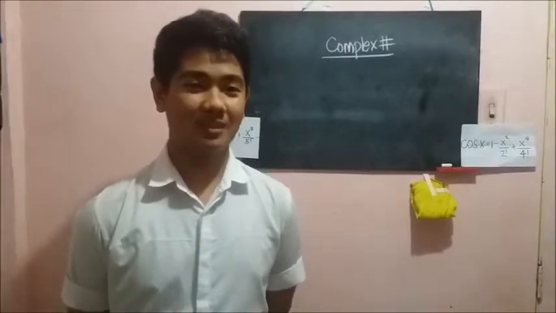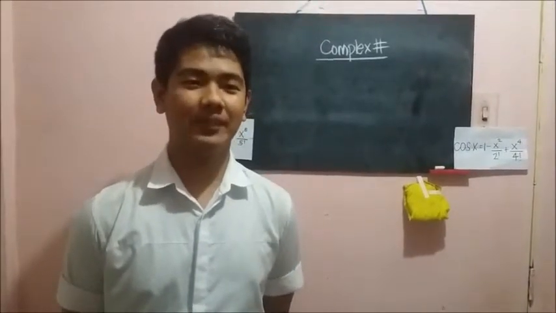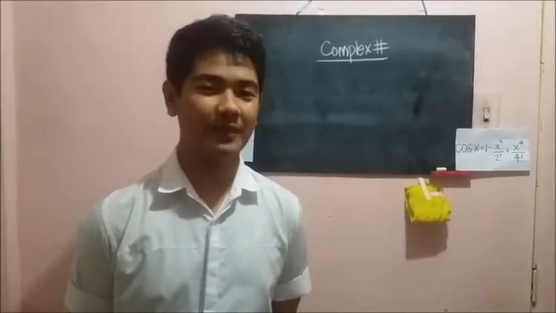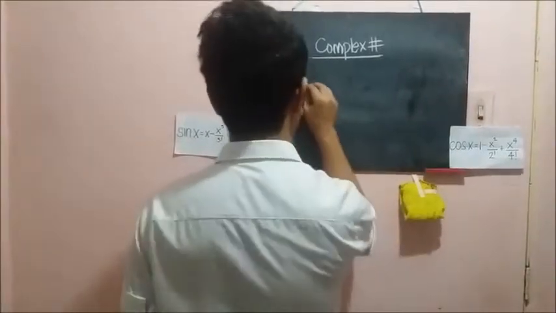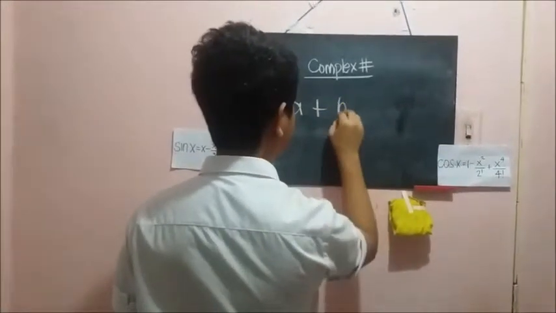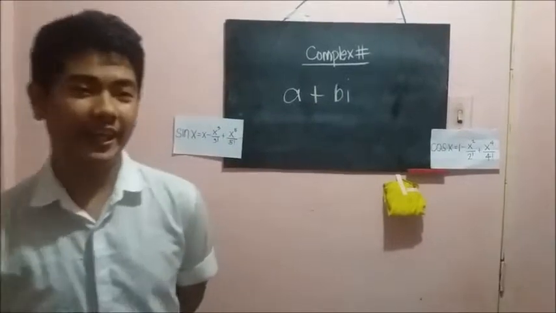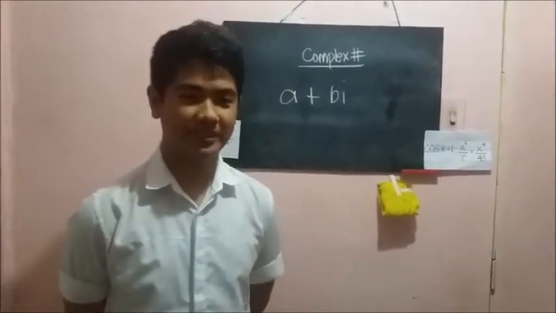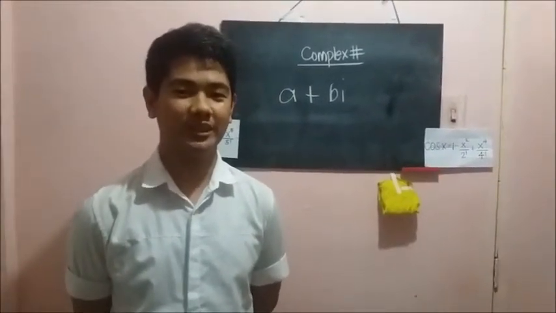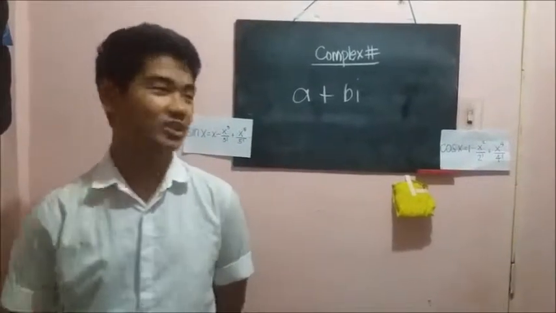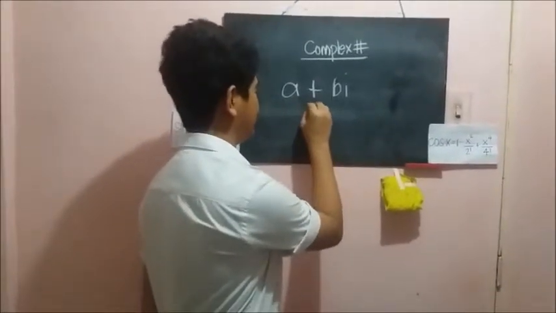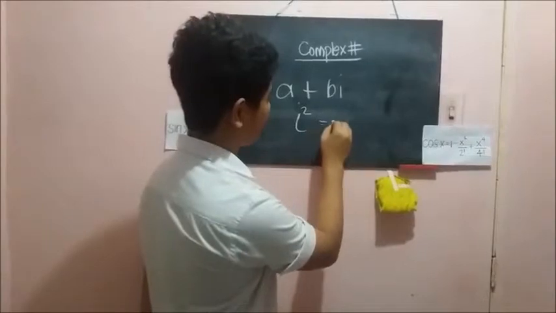It is known that a complex number is a number that can be expressed in the form a plus bi. A and b are real numbers. i is the imaginary unit that satisfies the equation i squared is equal to negative 1.